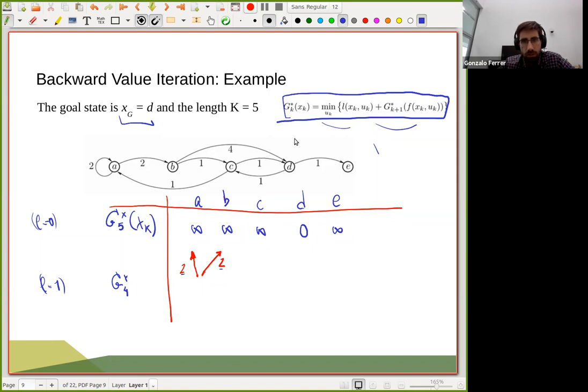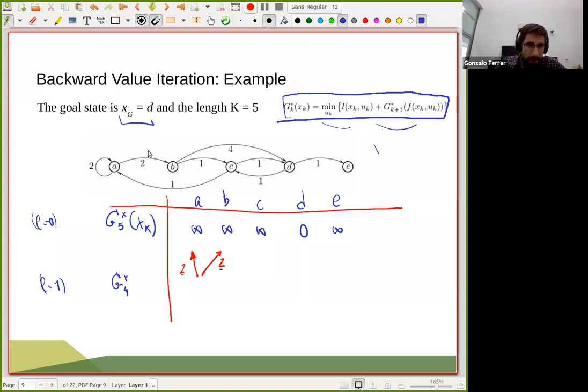Previous iteration is here, and I'm just indicating things with lines. Then we have 2, this edge, plus the optimal cost to go at A, that is infinity. So the value of this is infinity, and the same happens for B.